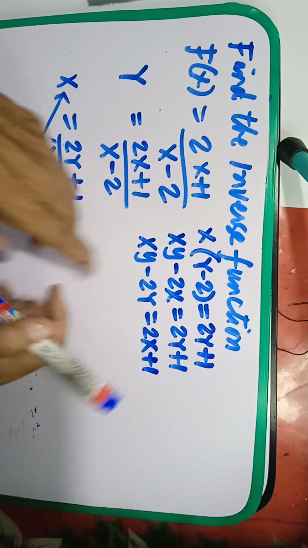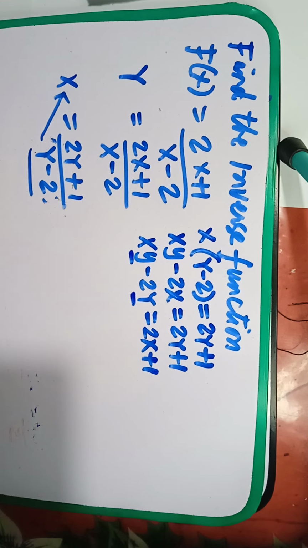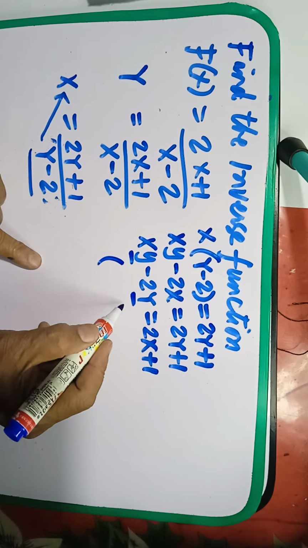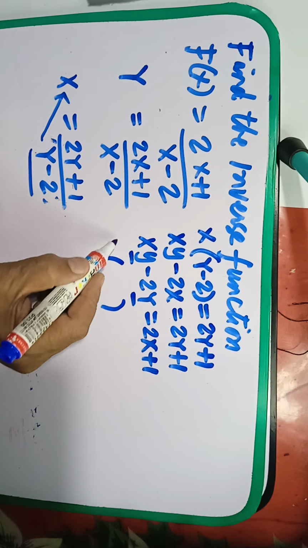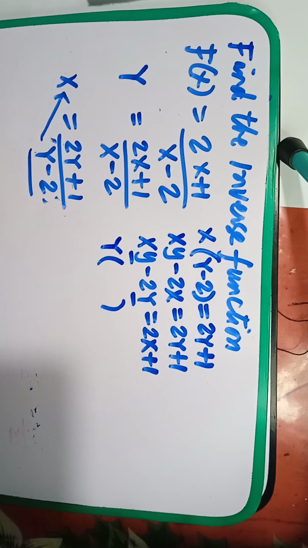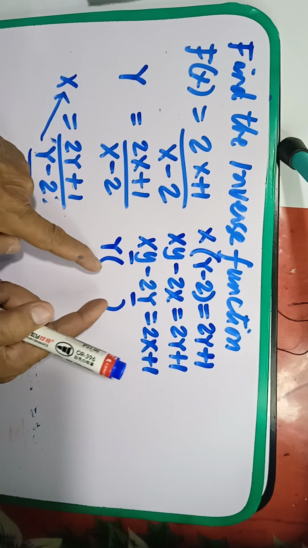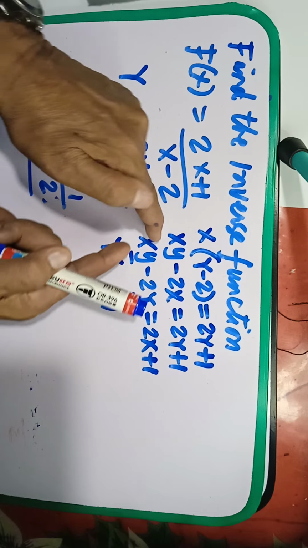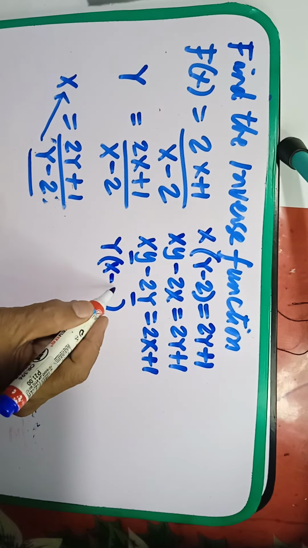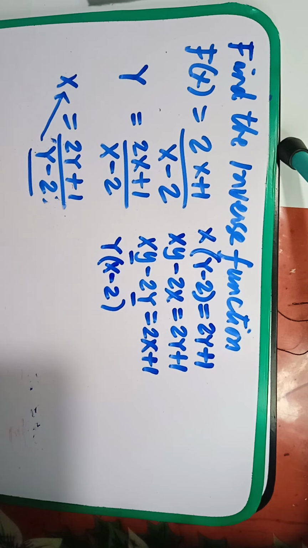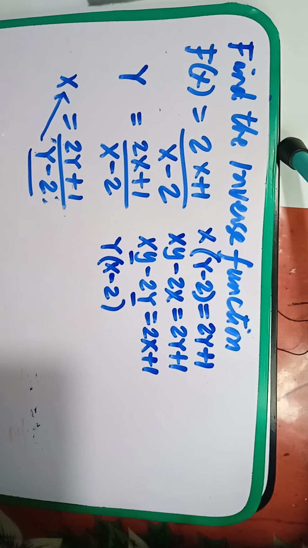After that, y is common. So we bring that out. We write a parenthesis. We bring out the y and write the remaining of the terms inside the parenthesis. What remains is x minus 2. So y times x minus 2.